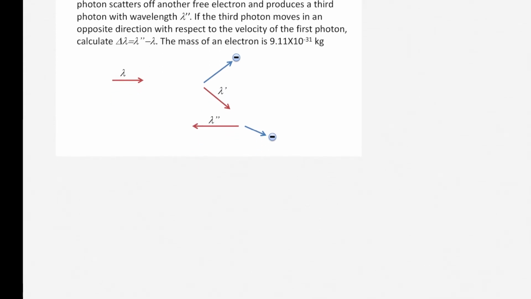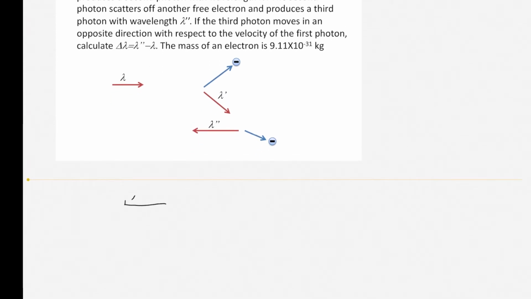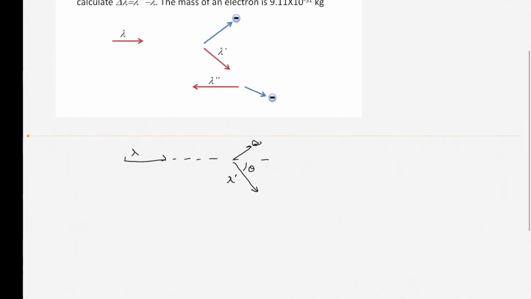So in this case, originally lambda is coming and the electron is scattered in this direction, and the photon is scattered off in this direction with lambda prime.